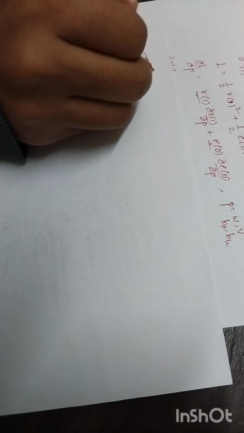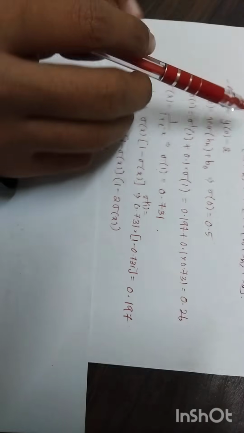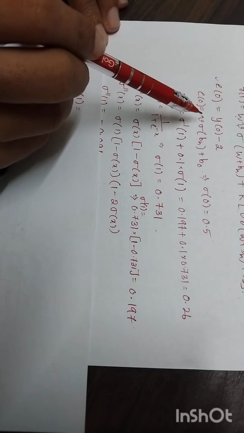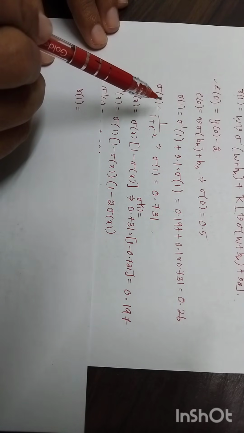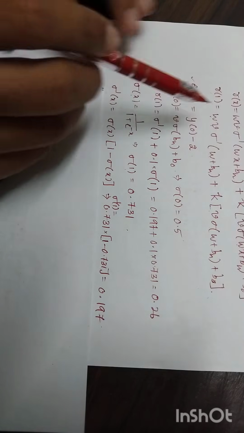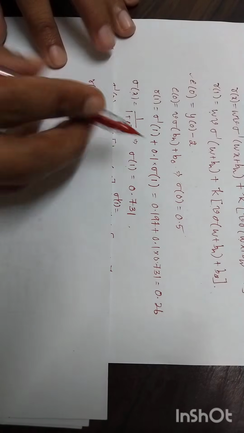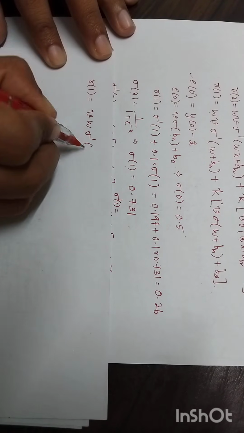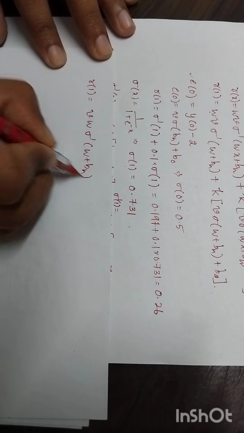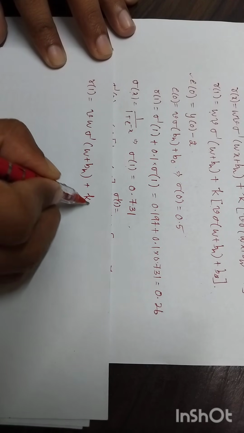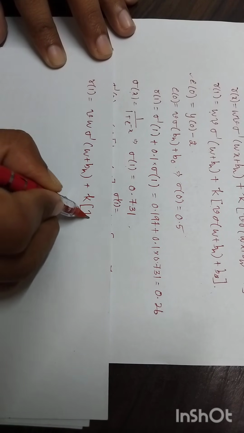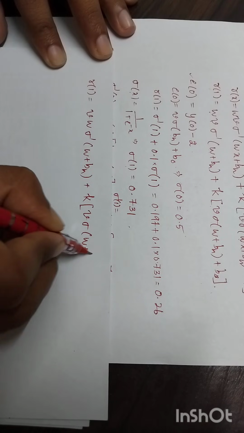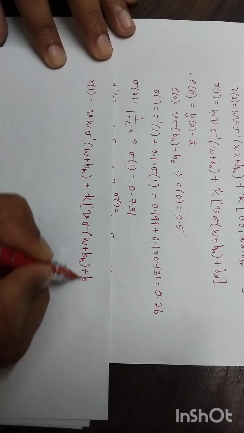Rewriting again, r of 1 is equal to V w into sigma of W plus BH, plus K into V sigma of W plus BH plus B naught.